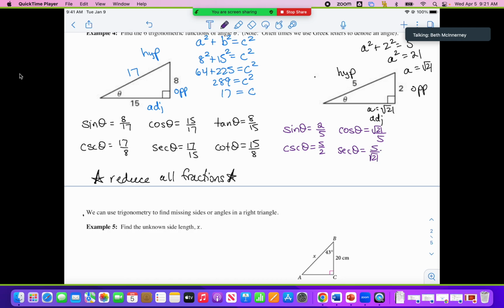So watch what we're going to do. We're going to rationalize it and get 5 square root 21 over 21. So be careful when you land with a square root. So this is 2 square root 21 over 21. Cotangent theta, though, is square root 21 over 2.